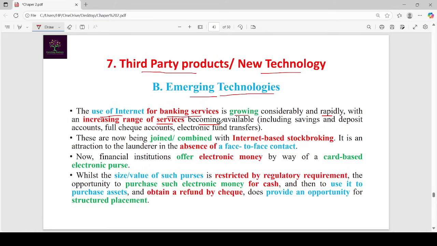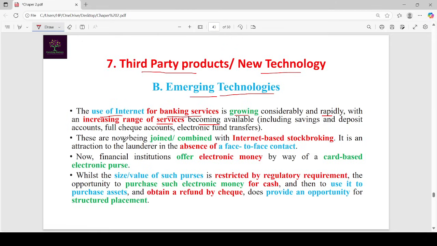They can do transfers from one branch to another branch, one bank to another bank, or one country to another country. So you can get so many facilities if you have internet banking or mobile banking, and this is growing rapidly with an increasing range of services becoming available.